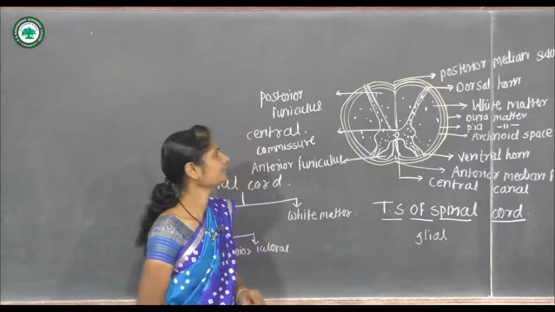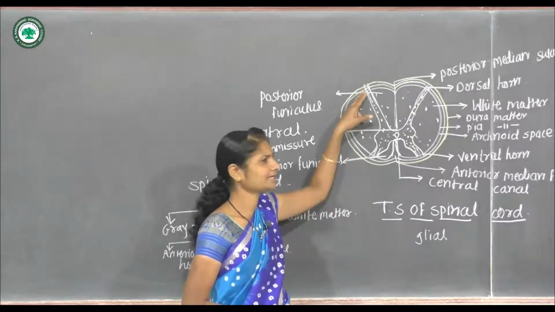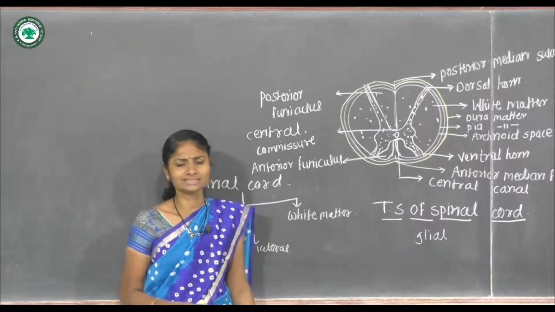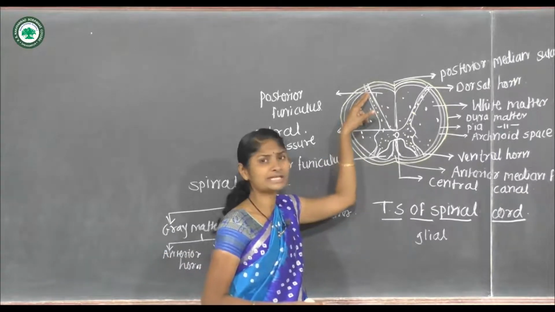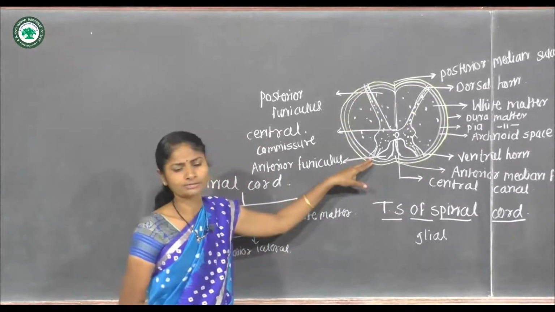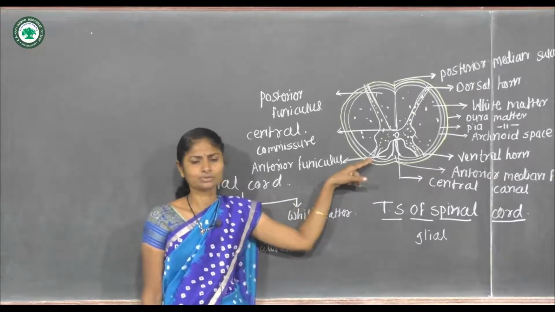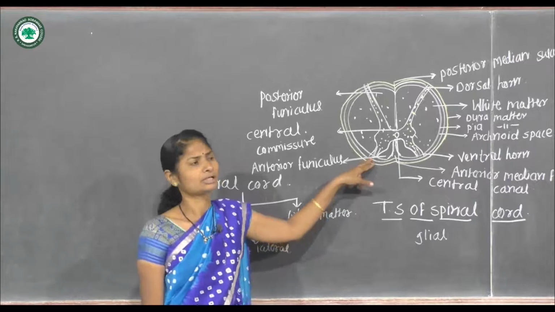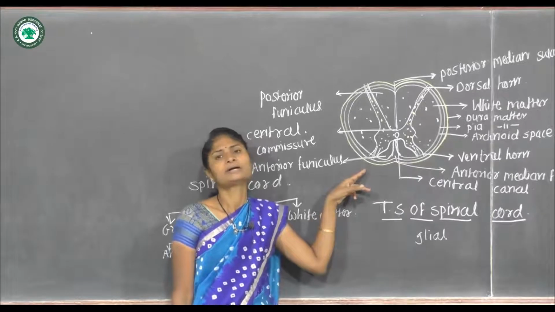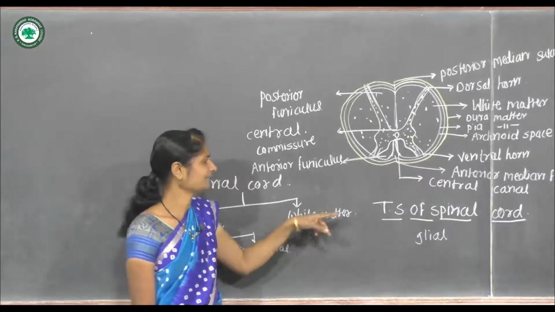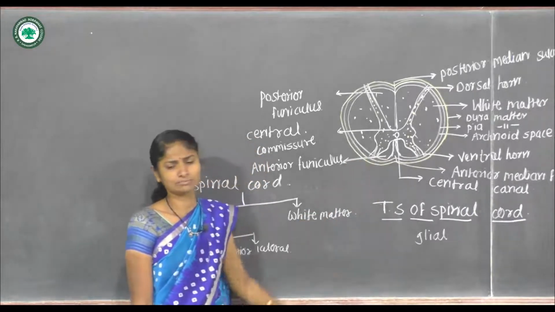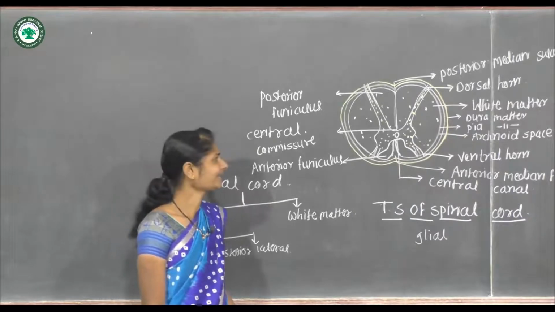The gray matter is divided into horns. The posterior horns are present in the upper part of the wings and receive the sensory neurons. Next, the anterior horn, also called the ventral horn, is located in the lower part of the gray matter and contains motor neurons.